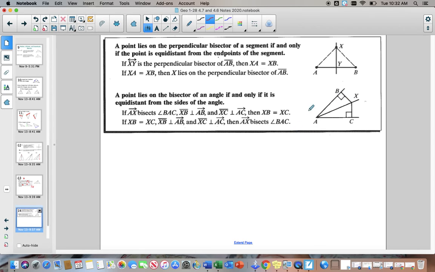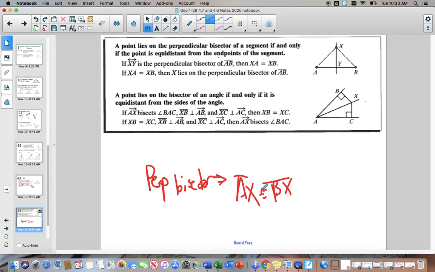So this is where we can do: perpendicular bisector implies AX is congruent to segment BX.